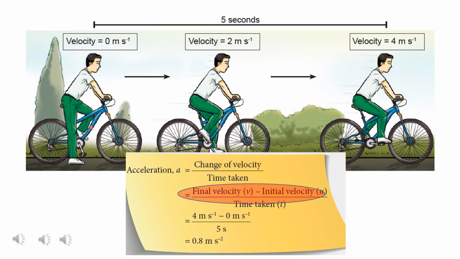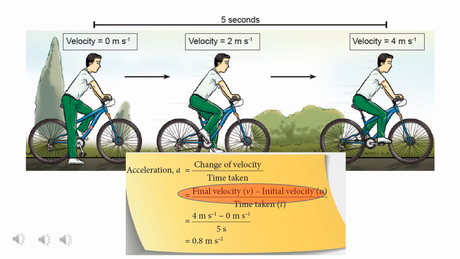The final velocity is 4 meters per second, the initial velocity is 0. So, the change in velocity is 4 minus 0. Finally, you can calculate acceleration, which is 4 divided by the time taken, 5 seconds. The answer is 0.8 meter per second, per second.